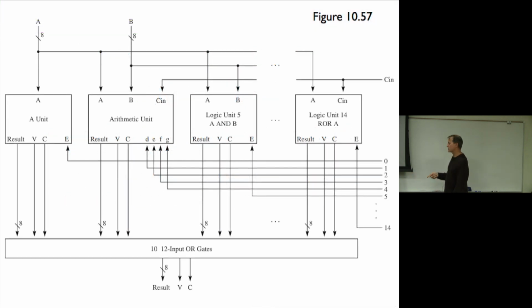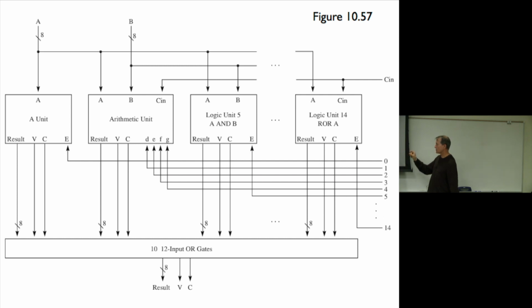And then, oh, this is the one. Figure 10.57 at the end of class last time was the one where we were trying to make sure in our minds that this is indeed 10 12-input OR gates as opposed to 12 10-input OR gates. Now, let's think about that just another half a minute. So the fact that there are 10 OR gates, why are there 10 OR gates?